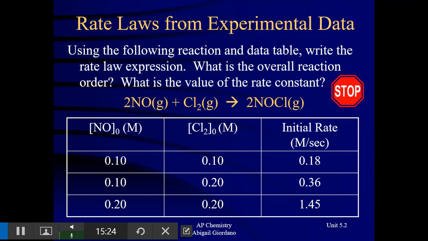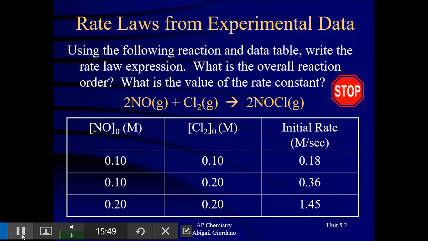It also asks you to find the overall reaction order. And then the last question, it says, what is the value of the rate constant? If you think you know how to do it, go ahead and try it. Otherwise, I'll talk that part out with you. So pause the video, solve for the rate law and the overall reaction order.